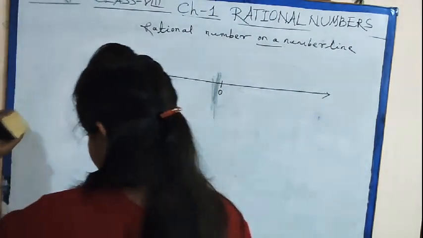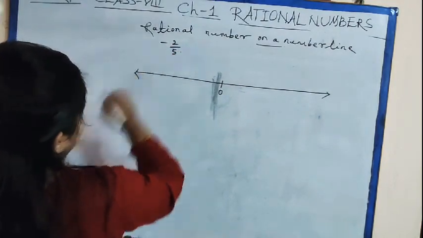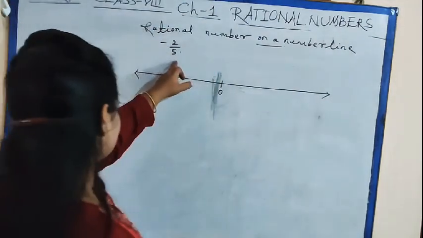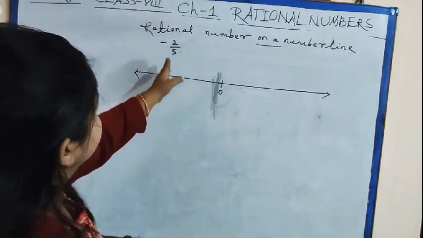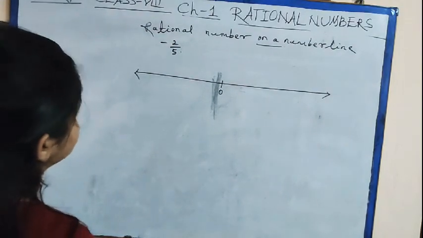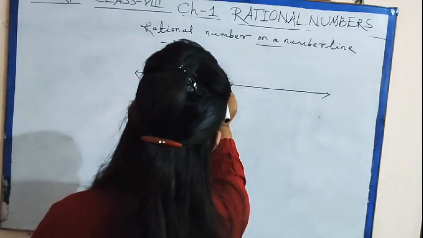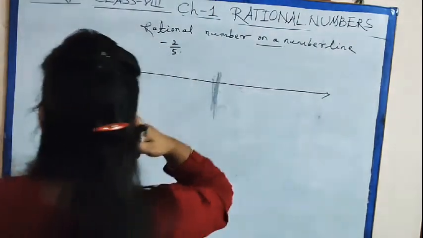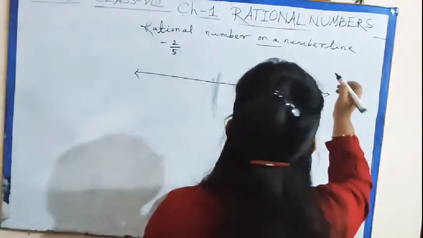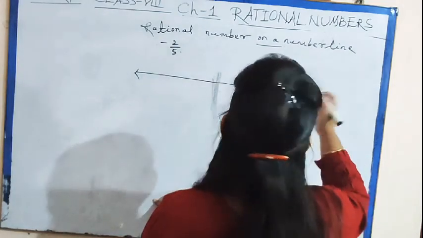Suppose the question is to represent minus 2 by 5 on a number line. You know that all negative numbers are less than 0. So minus 2 by 5 is in between 0 and minus 1. How do you know whether it is less than or greater than minus 1?